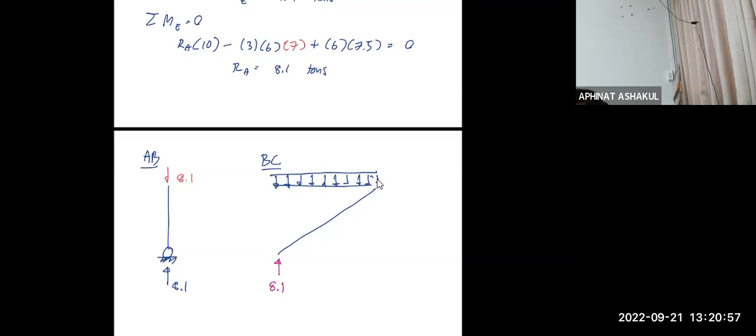So we need to find a way to break this load into two components: the component that is parallel to the member and the one that is perpendicular to the member. We will use the perpendicular one to draw our shear force and bending moment diagram, and we'll do that next time.